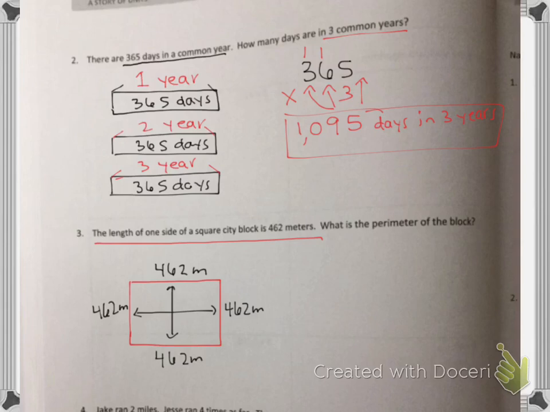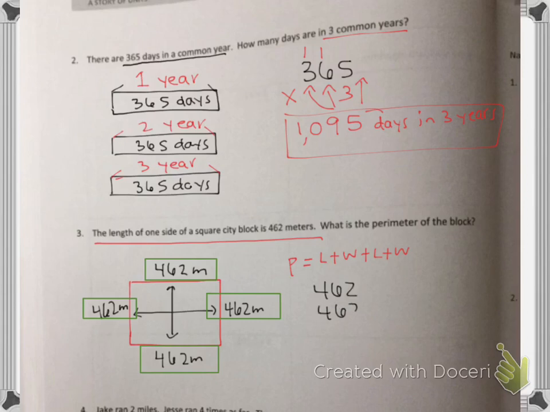Now, they want to know what is the perimeter of the block. And this is really cool because perimeter is length plus width plus length plus width. However, this is a real nice problem here because we have lengths that are the same and we have widths that are the same at 462 meters. So instead of adding 462 4 different times, that's going to take too long, right?